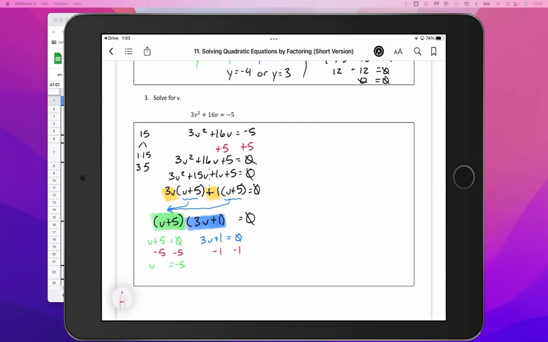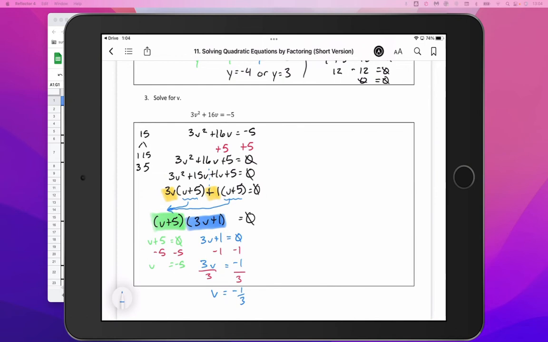And we get 3v is equal to negative 1. And then to finish it off, we would have to divide by 3 and get v is equal to negative 1/3. I love fractions. Not? How about you?